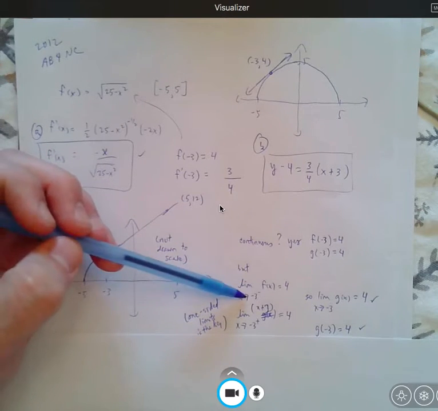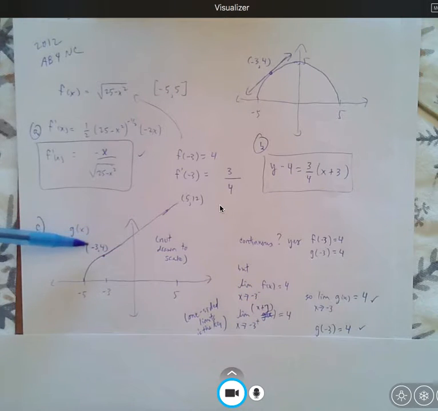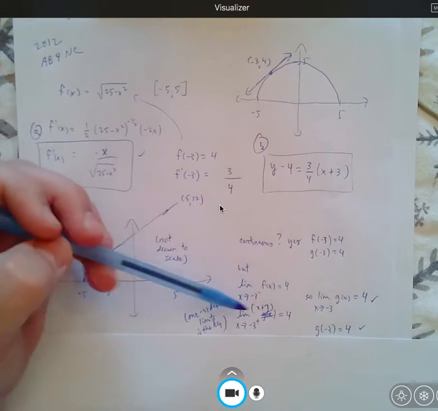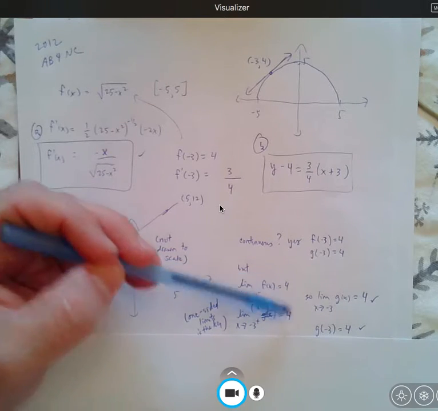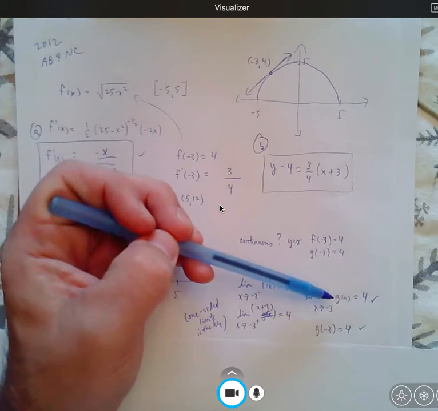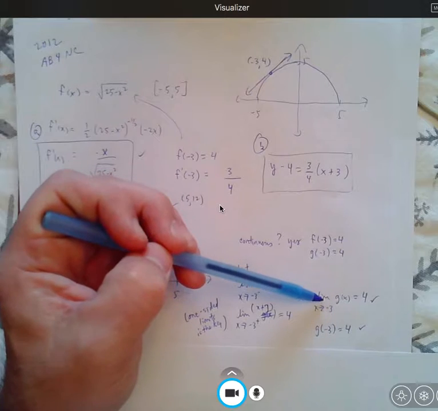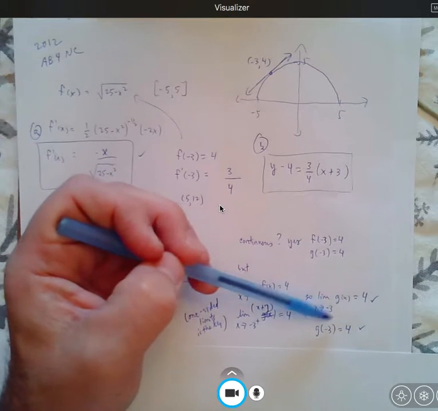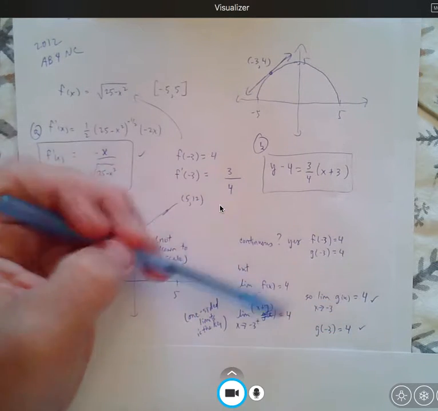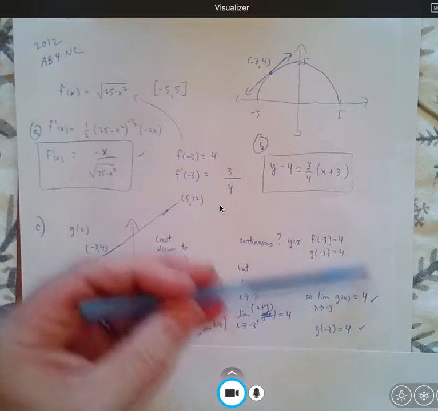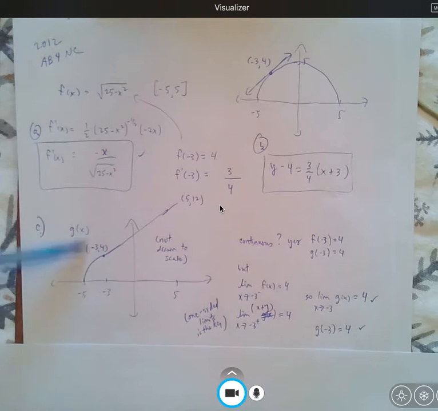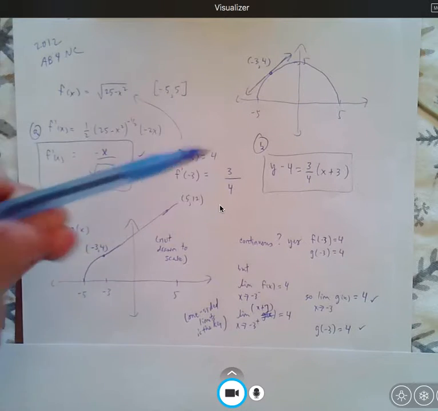The limit as x approaches -3 from the left of the semicircle goes to 4, and the limit as x approaches -3 from the right of x plus 7 also goes to 4. So basically, the limit as x approaches -3 is 4, and g of -3 is 4, therefore it's continuous. So the APs would be looking for that one-sided limit concept, not just saying that it meets at the graph.